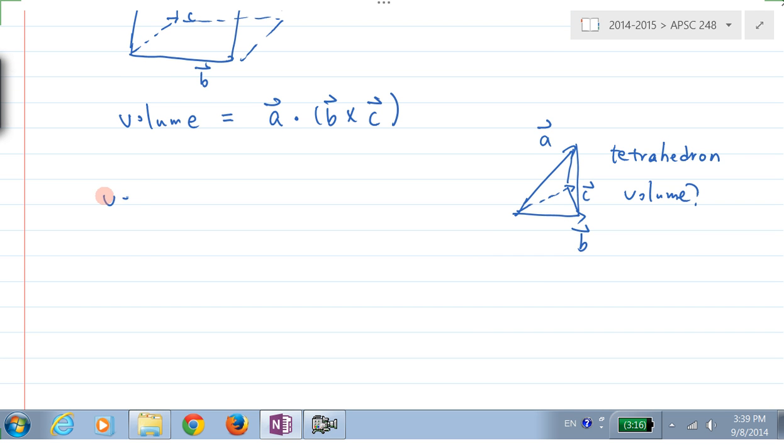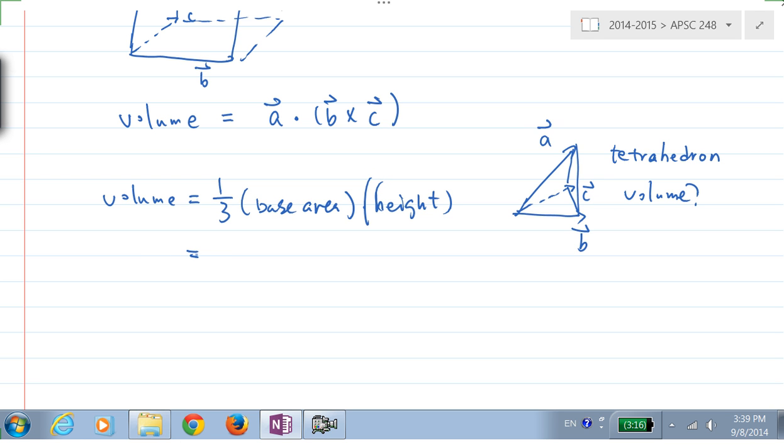We'll do very similar approaches to deriving that one there. The tetrahedron has a triangle at the bottom, just like the parallelogram, but this time it's a triangle, so the volume is 1/3 base area times height. Previously it was just base area times height.